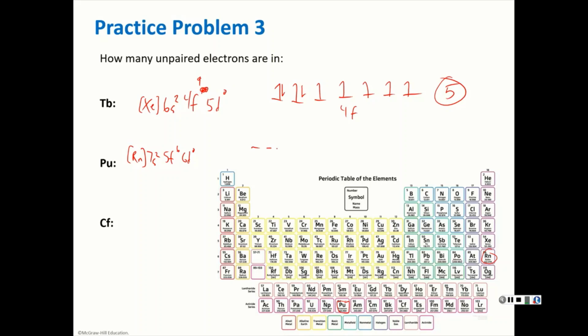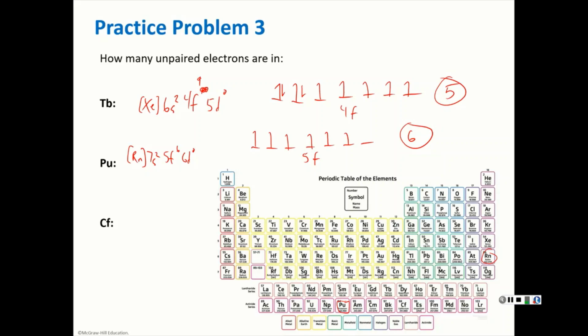So 1, 2, 3, 4, 5, 6, 7 5f orbitals, and we have 6 electrons to fill: 1, 2, 3, 4, 5, 6. They're all unpaired, so we have 6 unpaired electrons for plutonium.